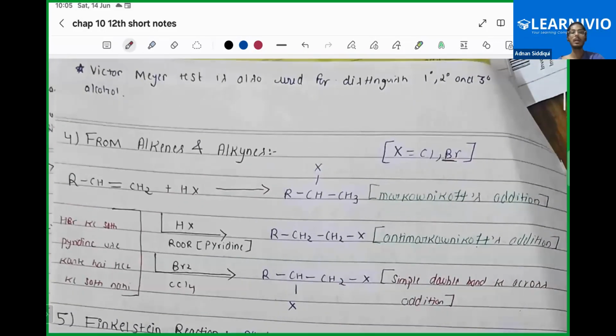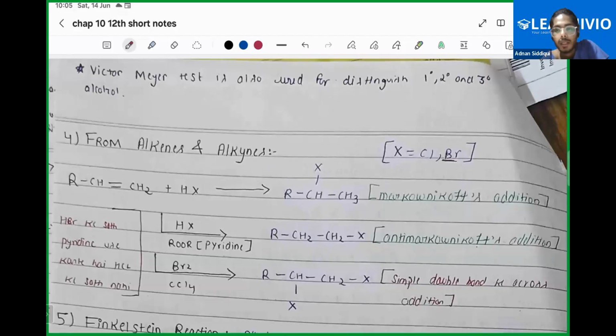The fourth method is from alkenes or alkynes. Do you remember Markovnikov and anti-Markovnikov addition? This is an 11th concept. What is Markovnikov's rule?